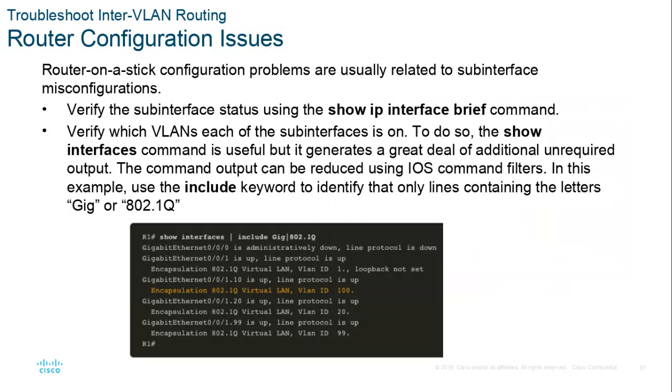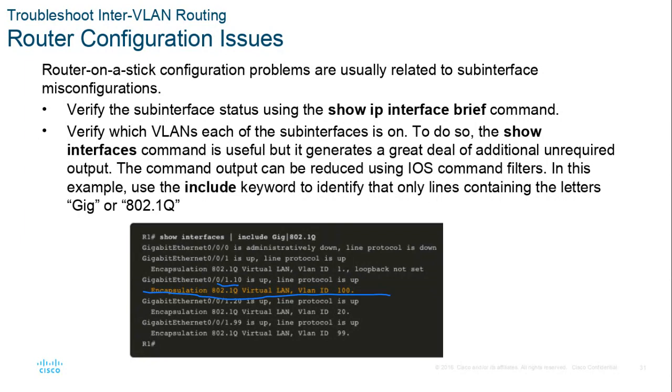The router itself must be configured properly. Now here's an example of a fat-fingered command. They went to the router and they created the sub-interfaces and they assigned the IP addresses to them. But when we do show interfaces, look at VLAN 10. We know that .10 corresponds to the VLAN 10 on the switches.